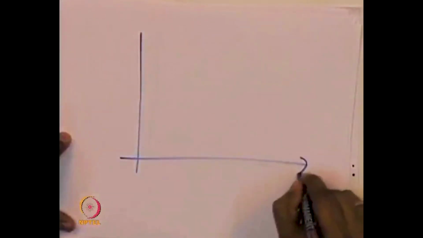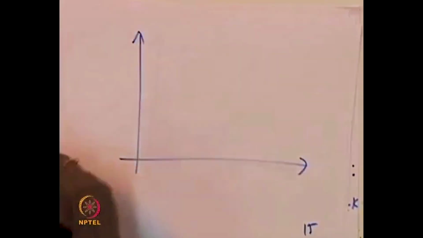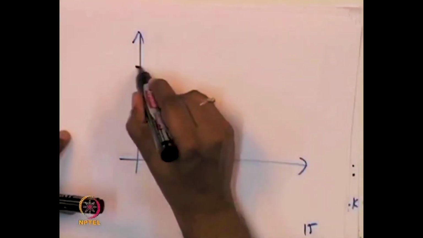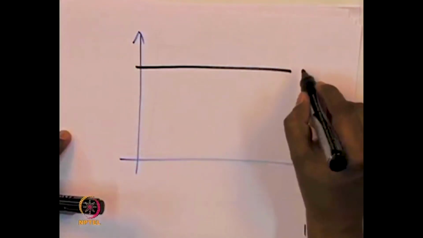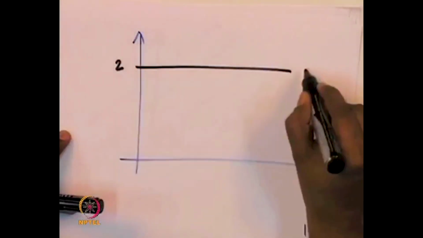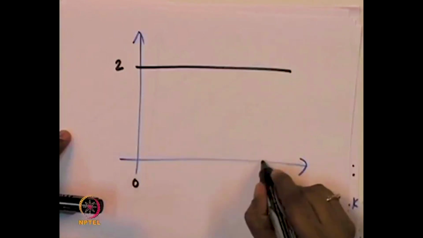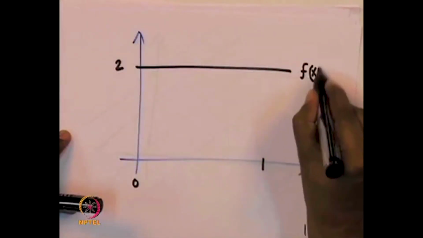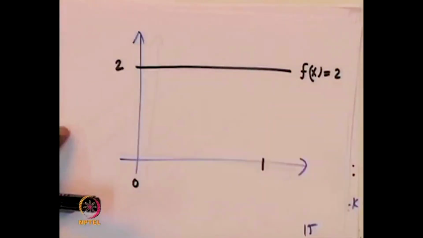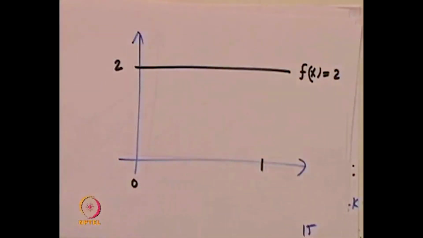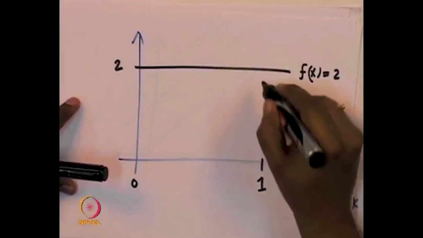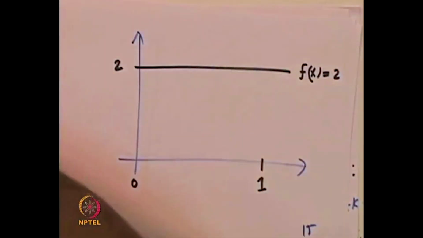So we have this curve, which is y equal to 2, function f of x equal to 2. And we want to find out the integral between 0 and 1. Now between 0 and 1, you can divide this curve into many small boxes.